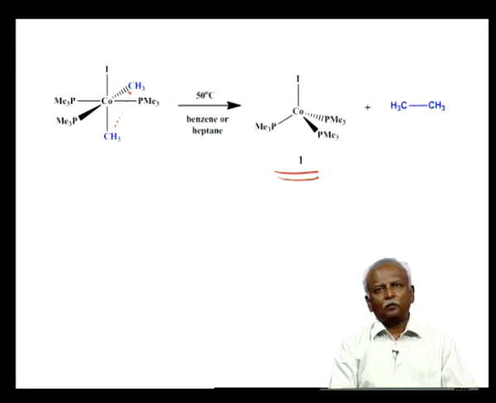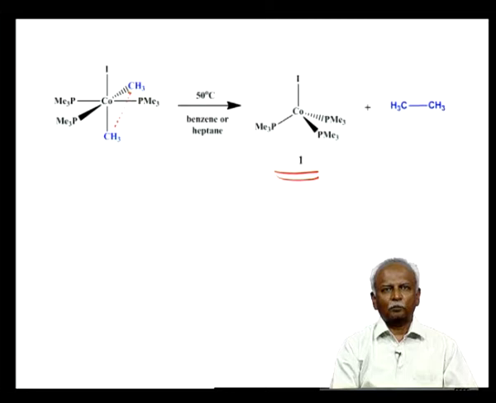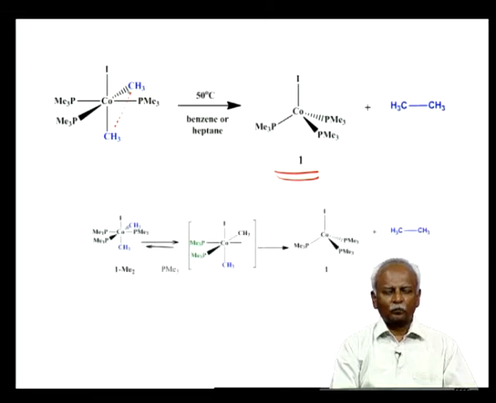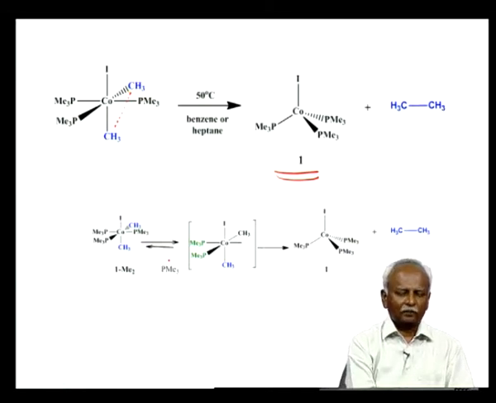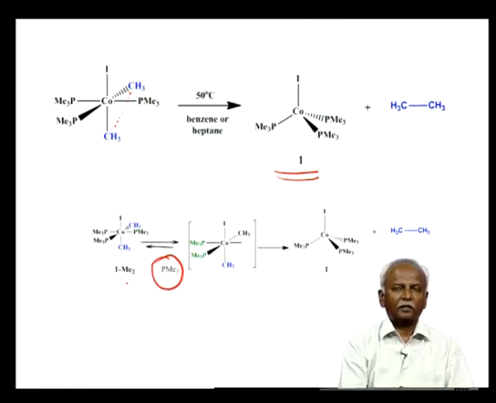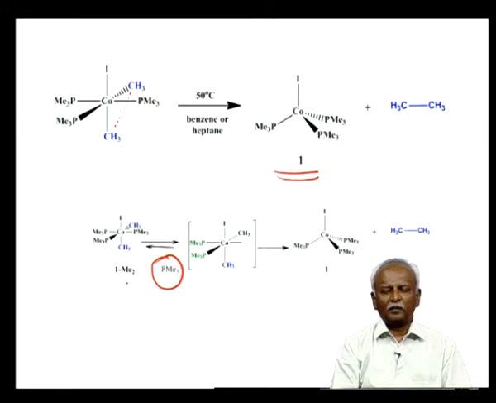But because we talked about microscopic reversibility, there are different possibilities, and in fact, these workers examined this reaction in detail, and what they found was the first step required dissociation of PMe3. So, if you have excess of PMe3 in solution, if you try to do this reaction in the presence of PMe3, this reductive elimination is hindered.